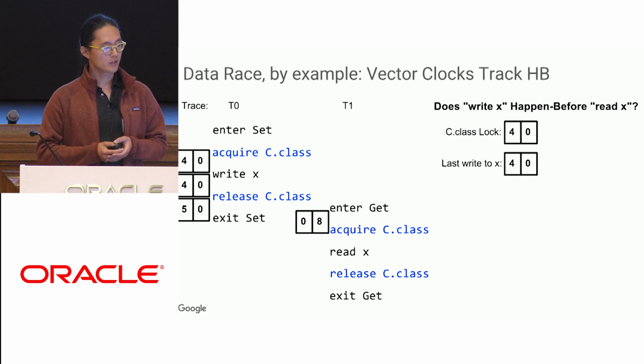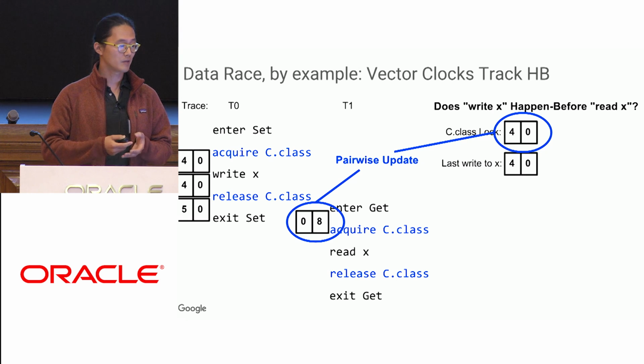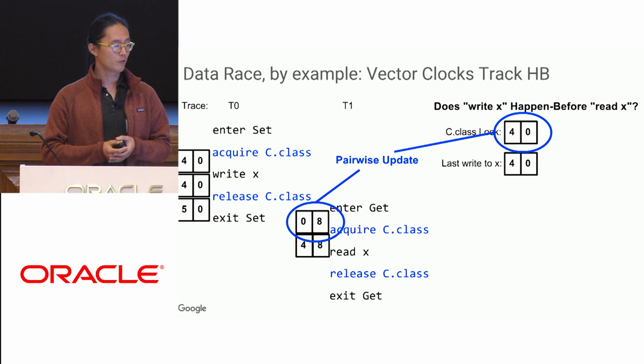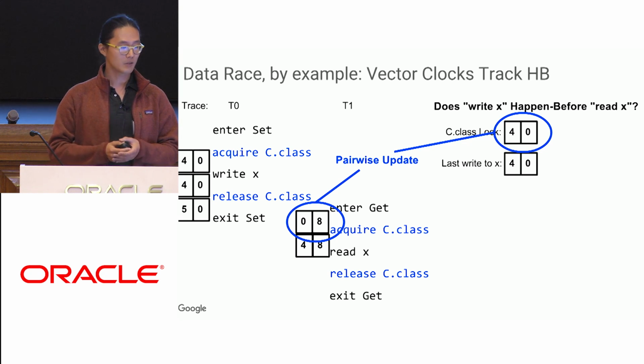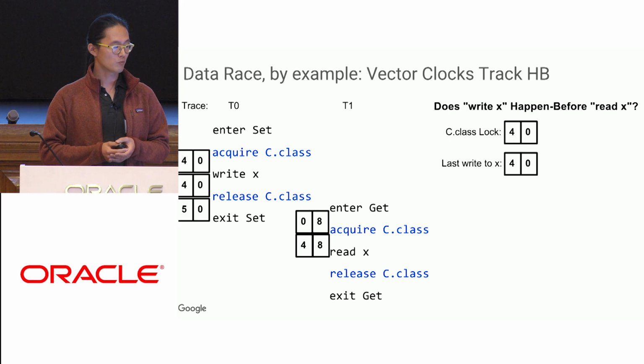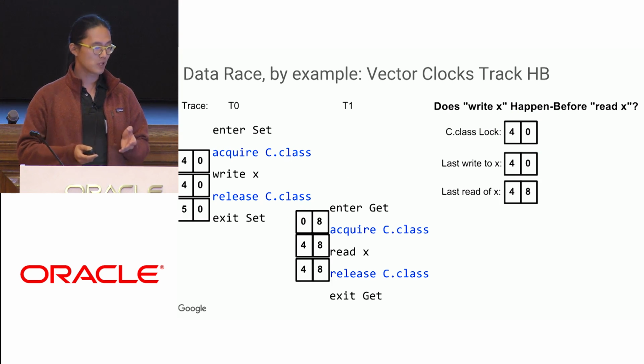We take the current vector clock, we take the last vector clock seen for that particular lock, and we do a pairwise update throughout the vector. For the first entry, 0 and 4, we take the maximum, 4. For the second one, it's 8 and 0, so we take the maximum, 8. So the vector clock gets updated to 4, 8 for T1. We do a read, and just like before, we remember what the vector clock was when we did that read. And life goes on for this thread.